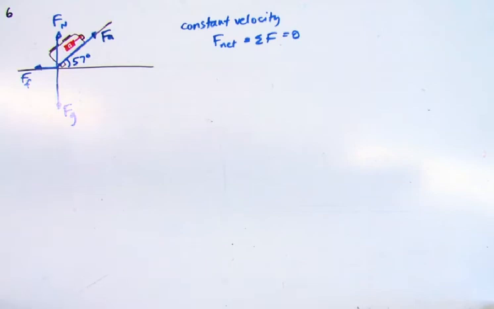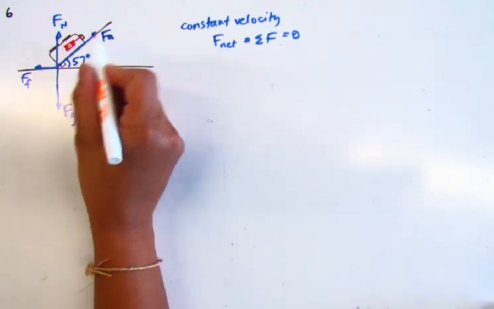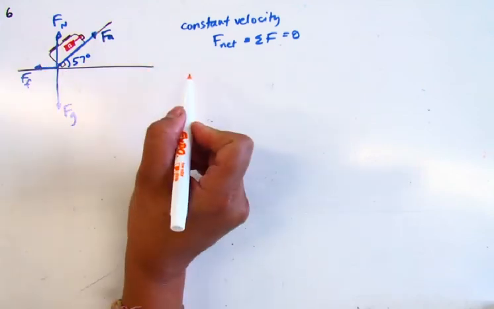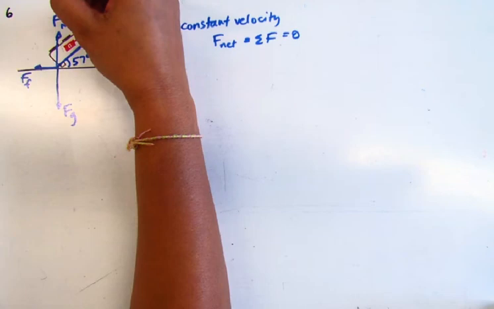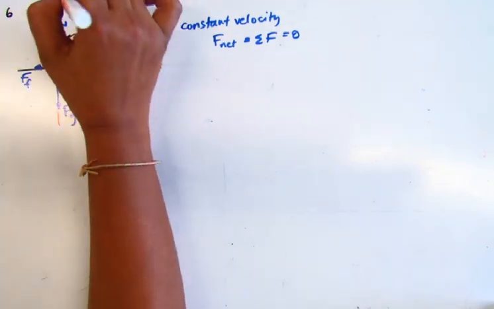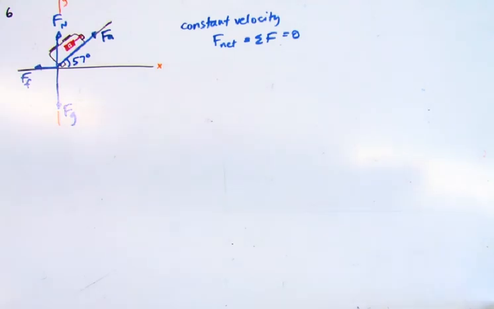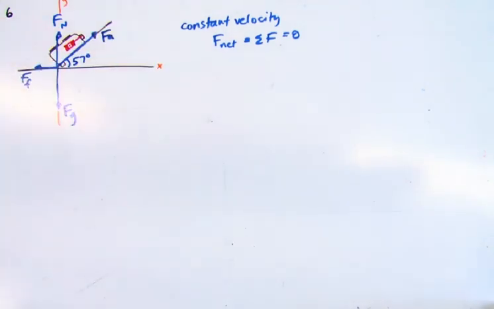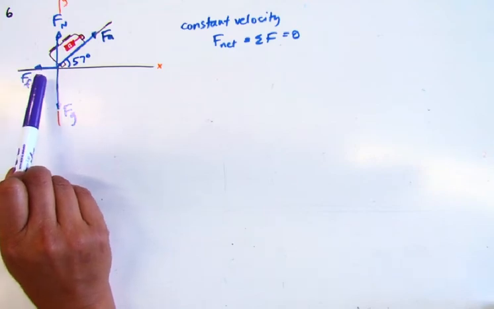Now in this example, even though the force is being applied at an angle, the suitcase is actually moving along this axis. So we're going to keep our axis in the x and the y, so we'll keep that as the x and we'll keep this as the y. And you can see that the normal force and gravity act in the y and the frictional force acts backwards in the x.